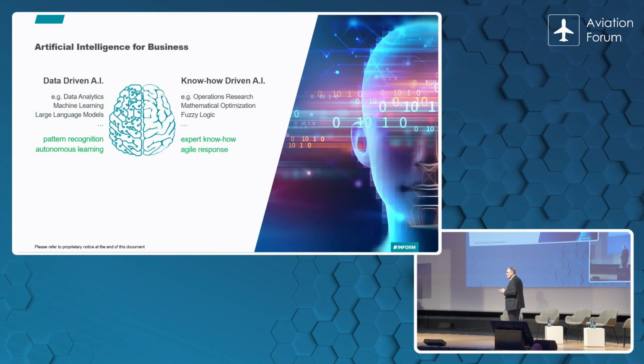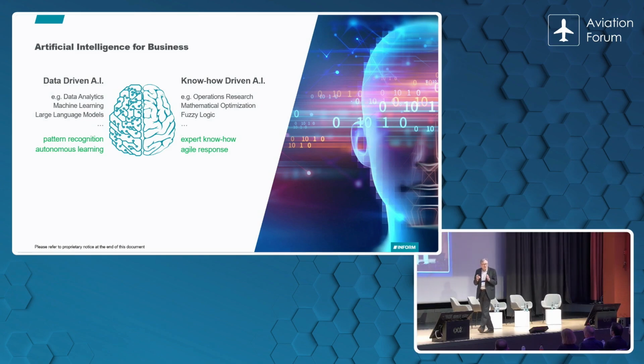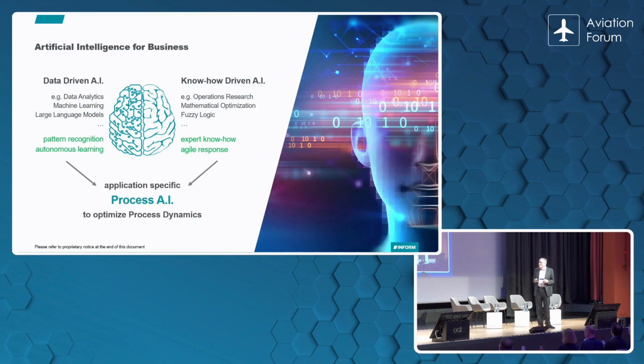But to encompass expert know-how that you might already have with your people who are doing, for example, production scheduling every day as their daily work, you might include that with know-how-based AI much better than by just letting a learning algorithm work with the data. And of course, process AI is a hybrid between those two things.